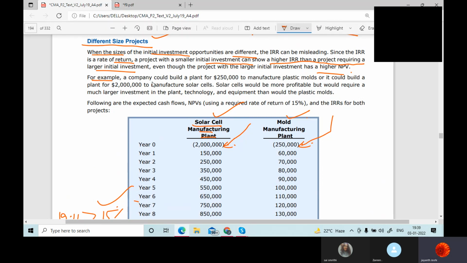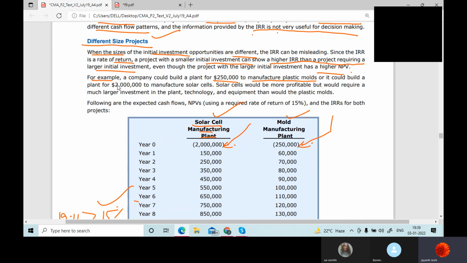For example, a company could build a plant for this many dollars to manufacture plastic molds, or it could build this many dollar plant to manufacture solar cells. Either they can go for this or they can go for this. Solar cells would be more profitable but would require a much larger investment in plant, technology and equipment than the plastic molds.